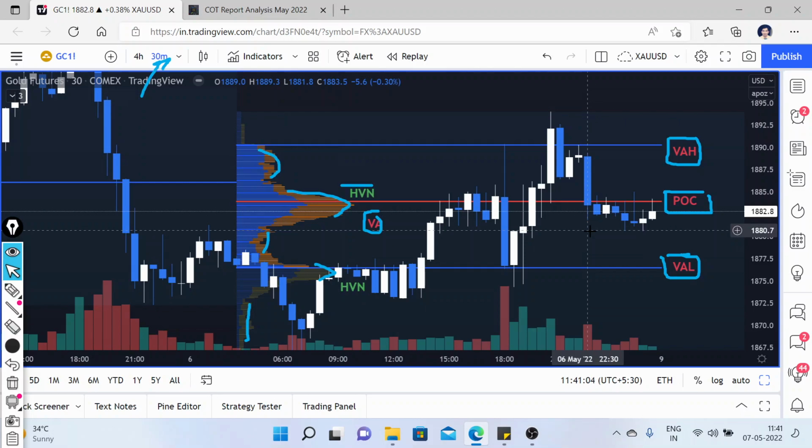So how do we take entry with the help of this tool? As you can see, this is the high volume node, and this is the POC, the most important part. What actually happens here is, whenever price moves from a lower to a higher position and tries to break out of this area, because this is the high volume node and the POC, it always acts as a resistance.